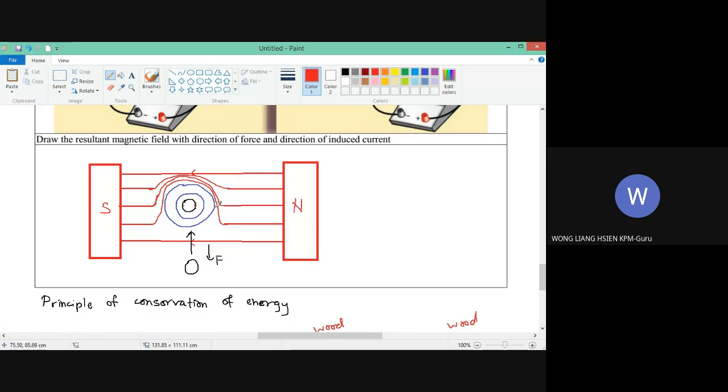And if the magnetic field is in this direction, if the magnetic field can produce an opposing force in this direction, that means the direction of the magnetic field that is produced by the induced current must be in this direction.